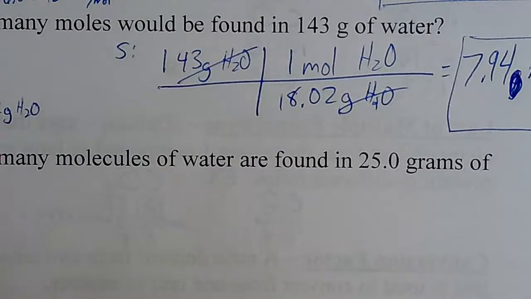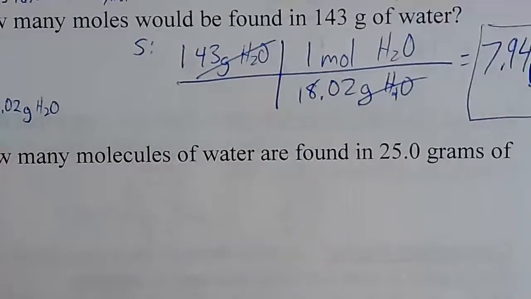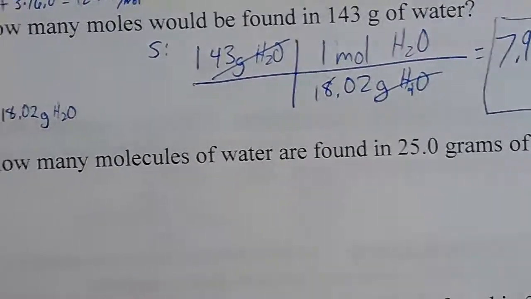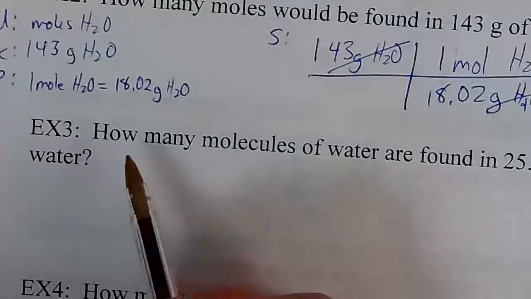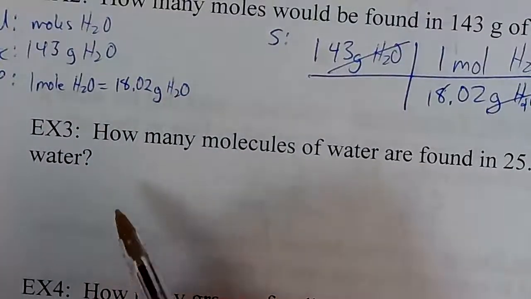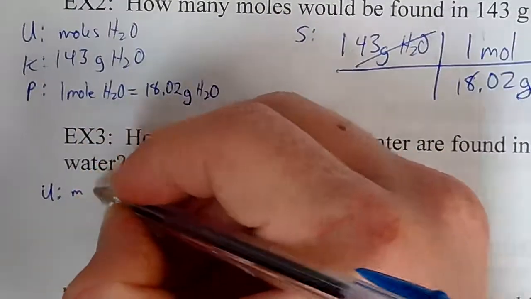Yeah, I heard 6.02 times 10 to the 23rd. I heard Avogadro's number. You're both correct. And eventually somebody's going to say Avocado's number, and then that's going to stick, and you're just going to be calling it that for now. But it's Avogadro. Anyways. All right, so the unknown here is molecules of water.